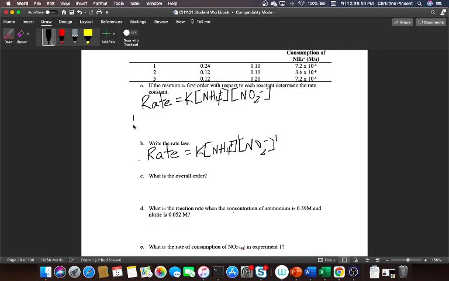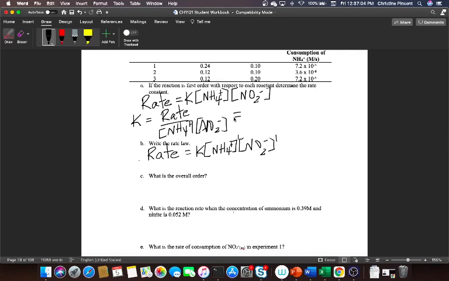I can rearrange this to find my value of k. So k would equal the rate divided by the concentration of ammonium multiplied by the concentration of the nitrite.